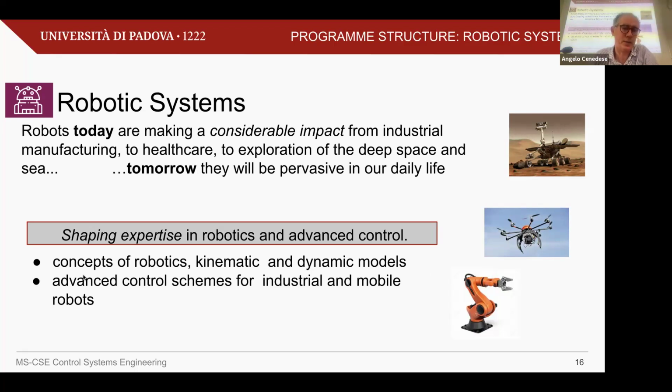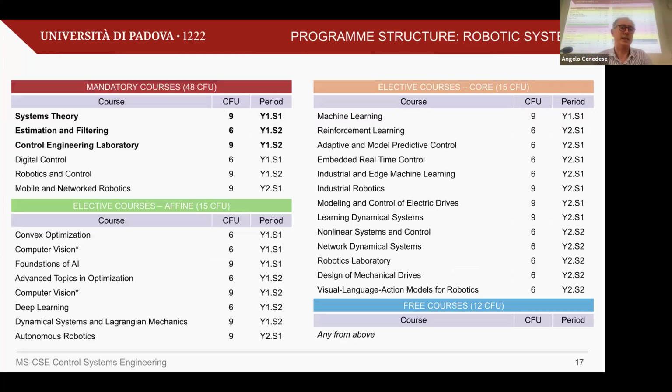So the idea of this path is to provide you concepts of robotics from the theoretical and foundational to the most application-oriented ones. And this is how the program is structured.